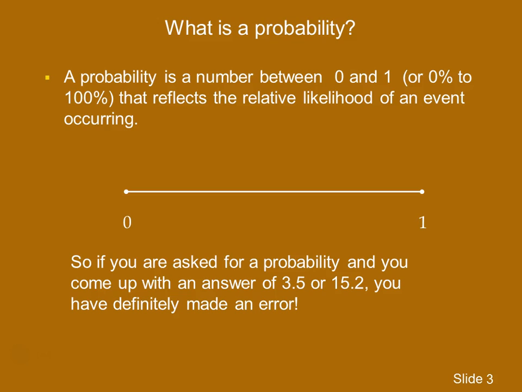But not 3.5. No such creature exists. So be aware of that. If you come up with a probability outside the 0-1 range, and it's not in percentage terms, you've done something incorrect.